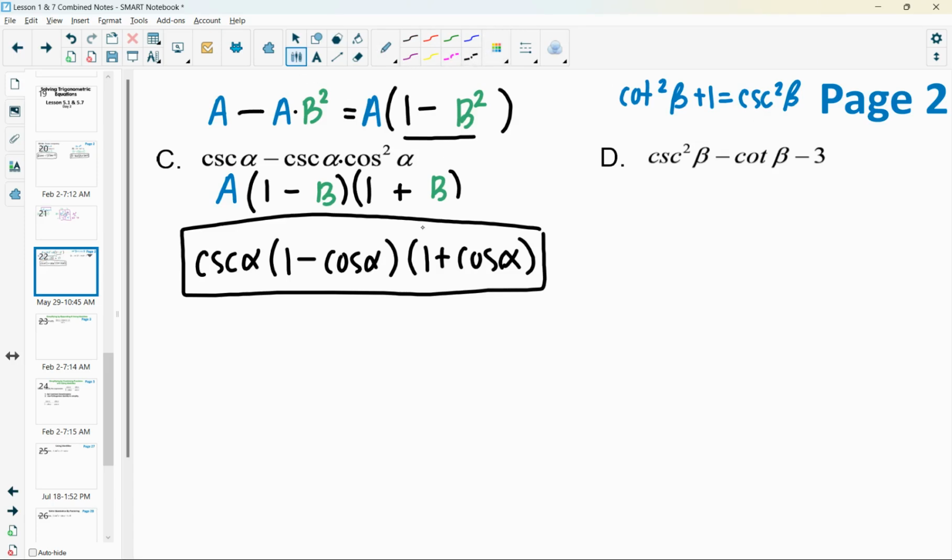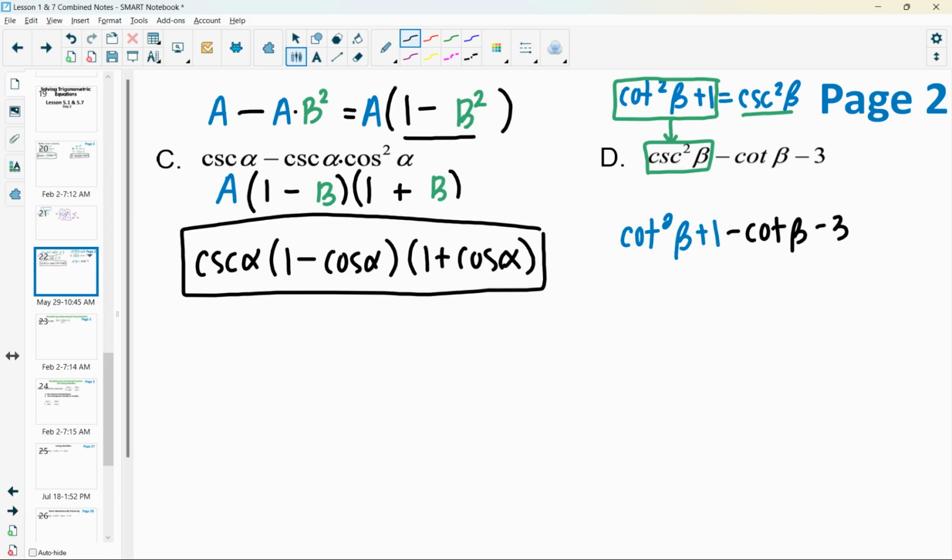So now we can substitute this in place of cosecant. Where we see cosecant squared of beta, we're just going to put in cotangent squared of beta plus 1. And then we also still have the minus cotangent of beta minus 3.